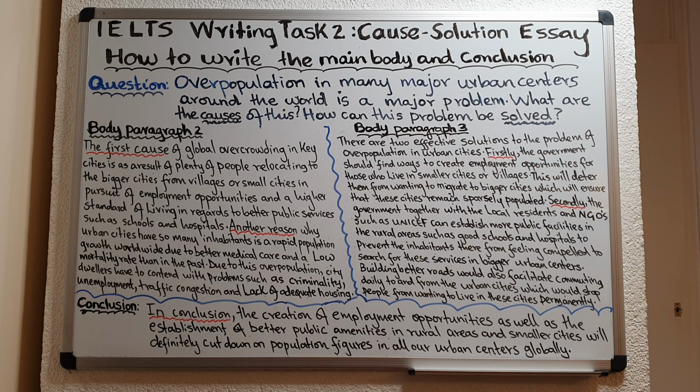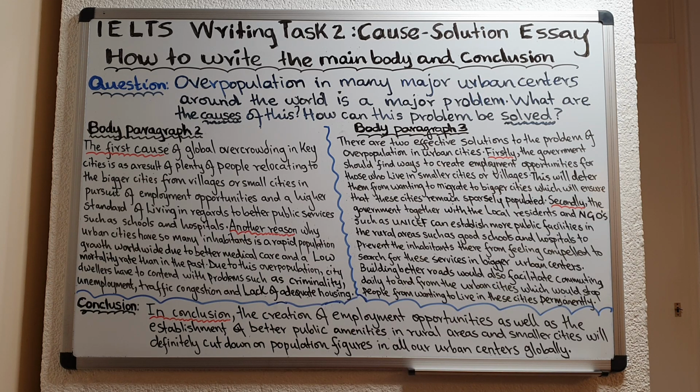Okay, now if they build good schools and hospitals there, that will prevent the inhabitants. The inhabitants are residents. Okay, it is another synonym for residents. So it will prevent the inhabitants who live in the rural areas from feeling compelled. Compelled means feeling forced.